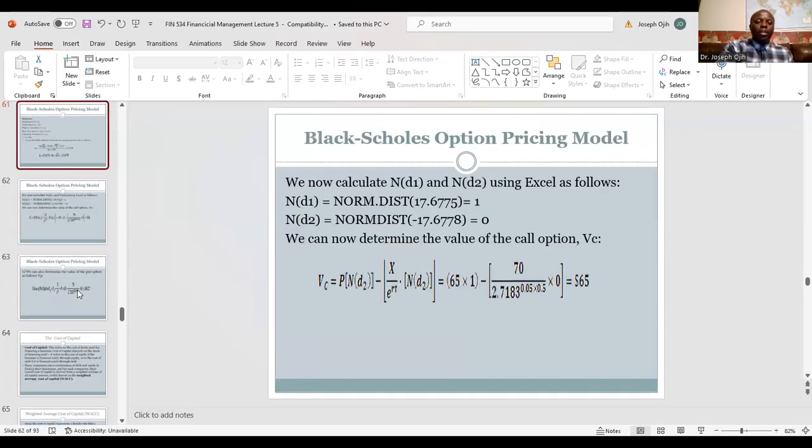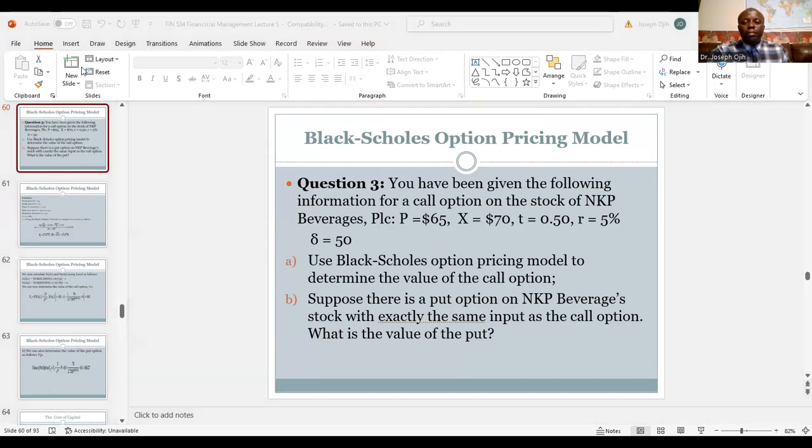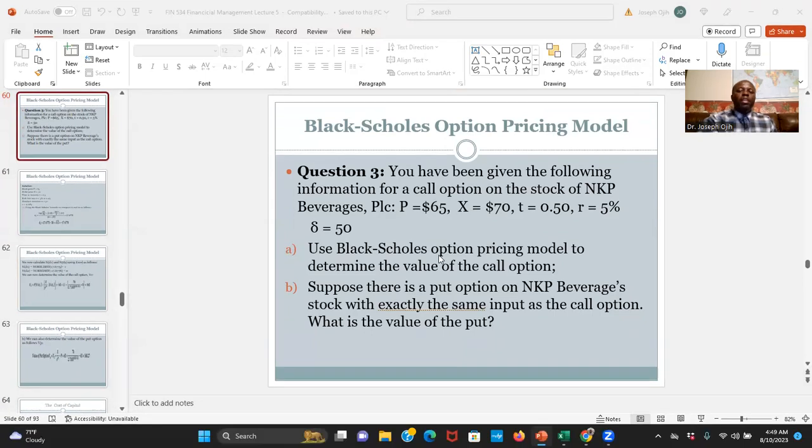Okay, that will be the last example. Last example says, you have been given the following information for a call option on the stock of MP Care Beverages PLC. The price of the stock is $65.